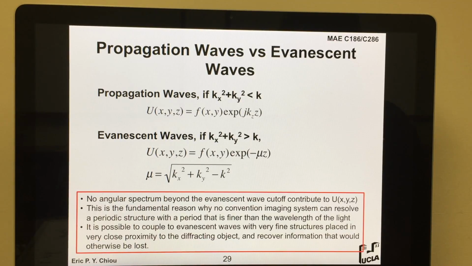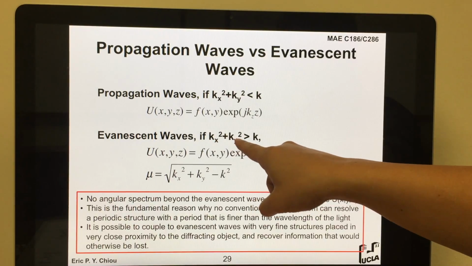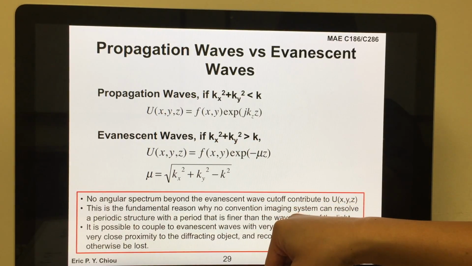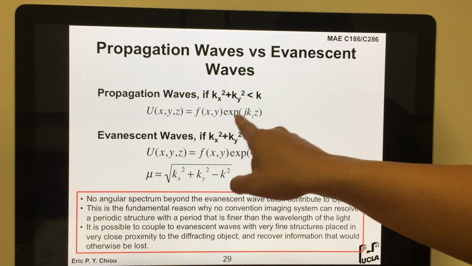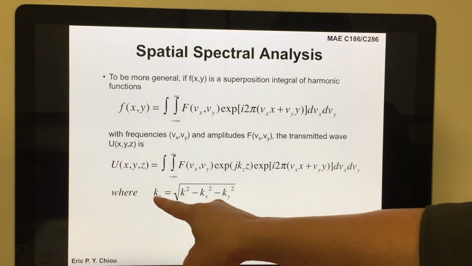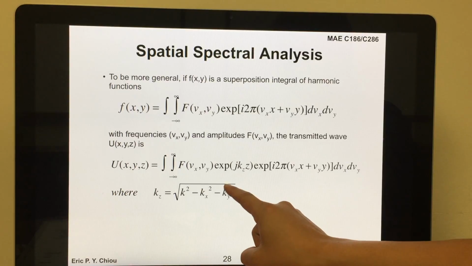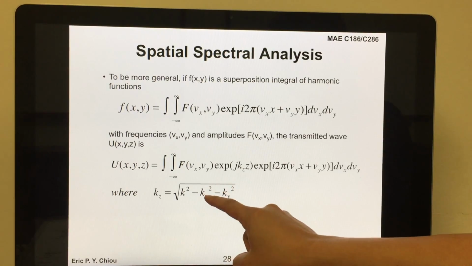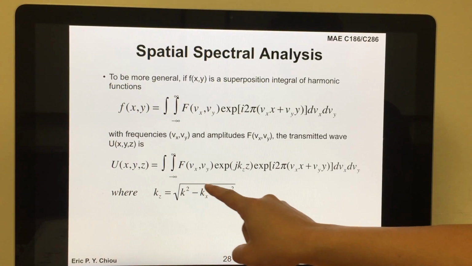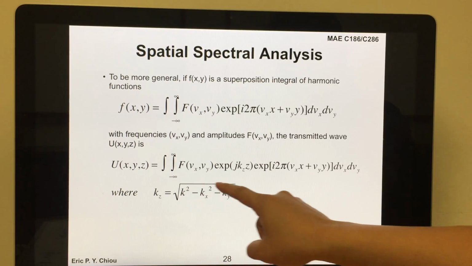If the transverse spatial frequency is bigger than k, then your kz becomes an imaginary number, right?